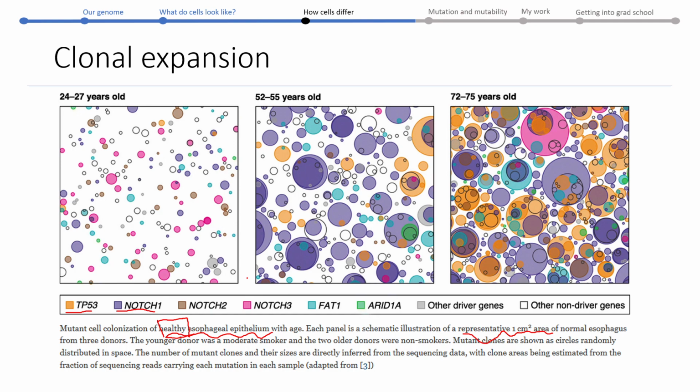Another interesting fact is that all of the mutations listed here in the colors are related to cancer. So even in this young individual, they have cells in their healthy esophageal epithelium with cancer-causing genes. This might be confusing. It's a healthy individual, but they have cancer mutations.